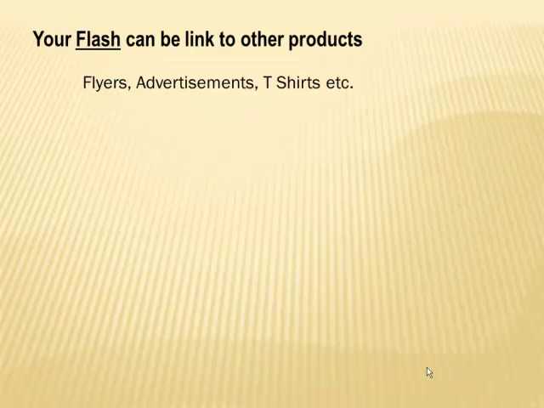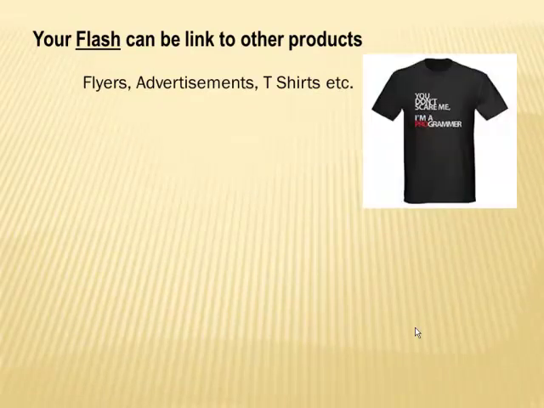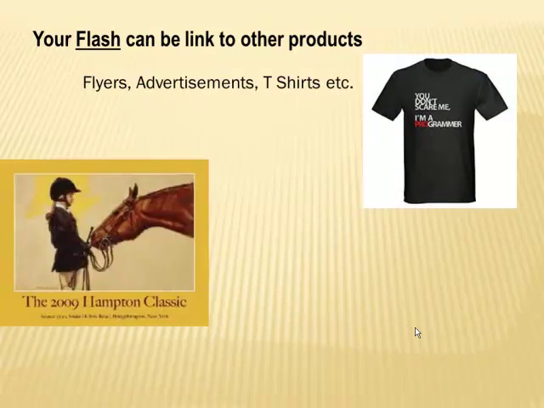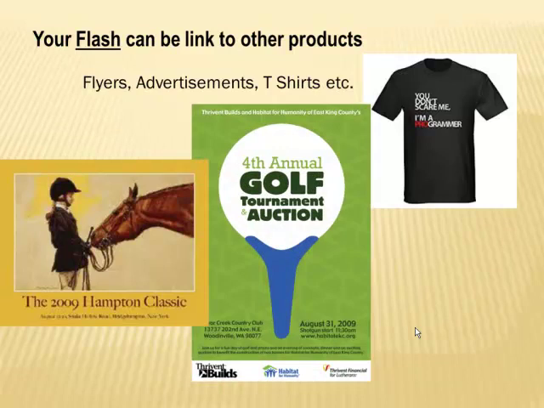So basically, a flash can link other products, flyers, advertisements, T-shirts, you name it. It grabs your attention and shows you something that you may be interested in. If you're, for example, a golfer or a horseman, you may grab something, and that's an idea of what a flash is in the beginning.